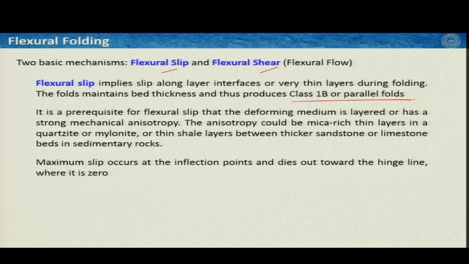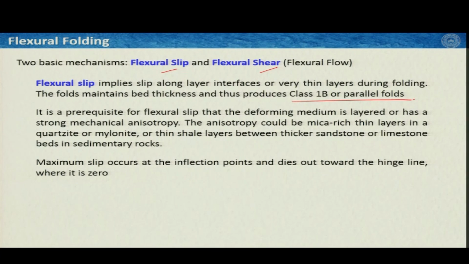So, for flexural slip, it is a prerequisite that the deforming medium is layered and it has a very strong mechanical anisotropy, and this anisotropy in natural cases could be mica rich thin layers in a quartzite or mylonite, or very thin shale layers between thicker sandstone or limestone and so on.